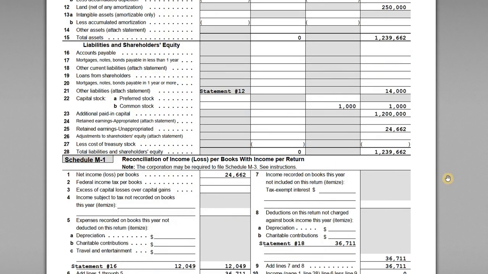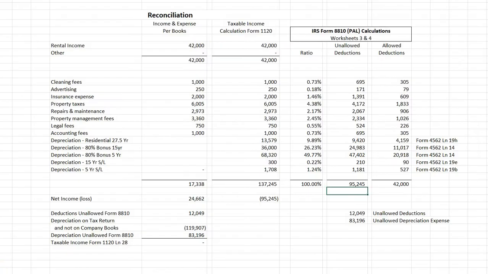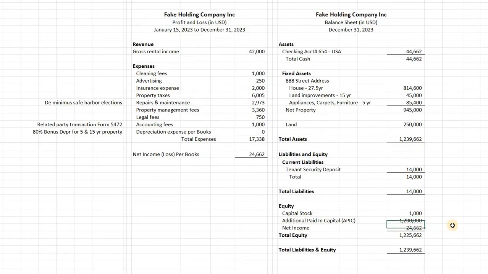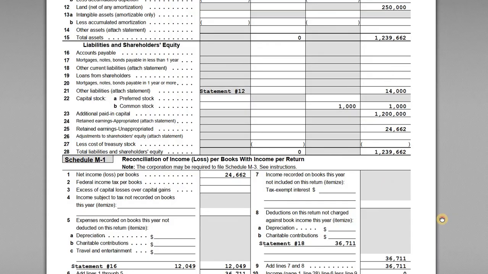But because we're asked to input this Schedule L as the balance sheet per book items, we're not going to see it. So line 21, other liabilities, we have the tenant security deposit, $1,000 of capital stock, $1.2 million of APIC, and then the retained earnings per books, we have $24,662. The total liabilities and equity is the $1.239 million.